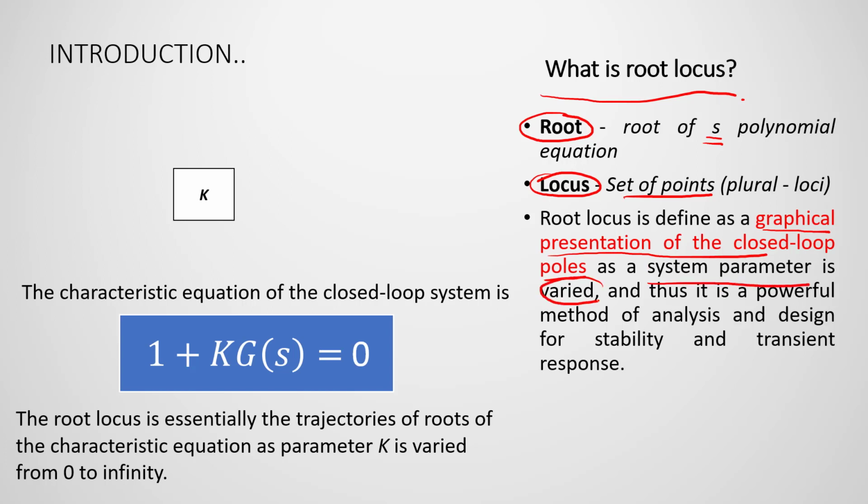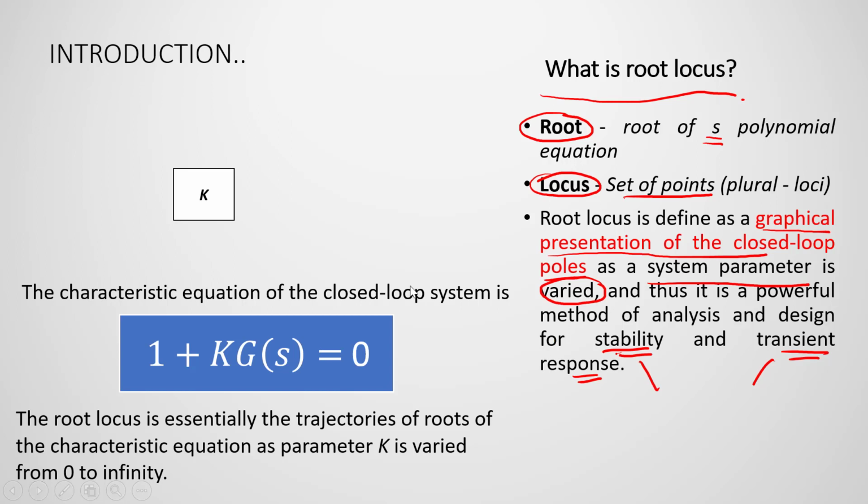In this case it is the gain, and thus it is a powerful method of analysis and design for stability and transient response. So these are the two focuses that we will look into in this root locus topic.